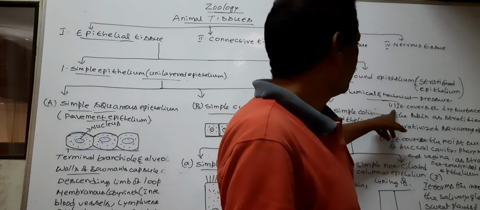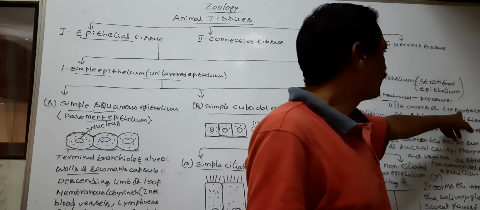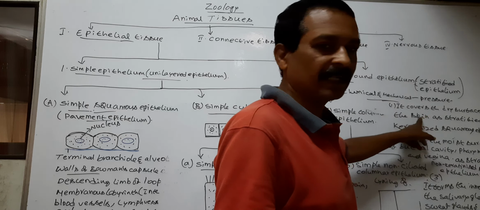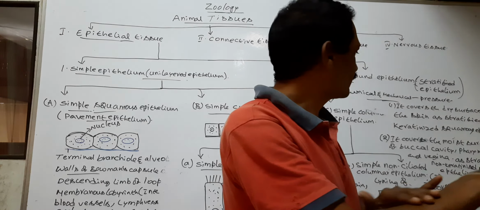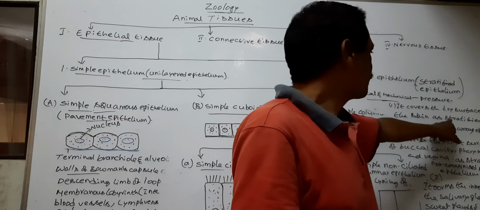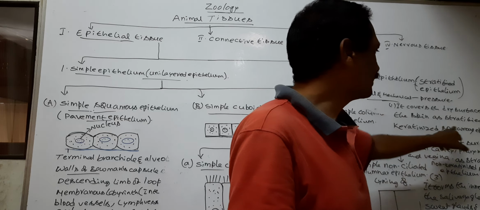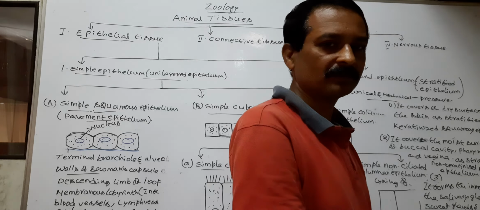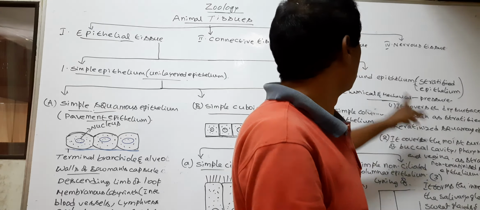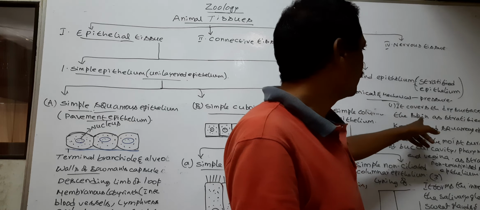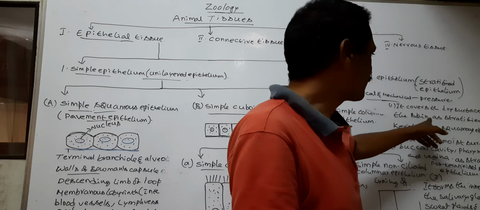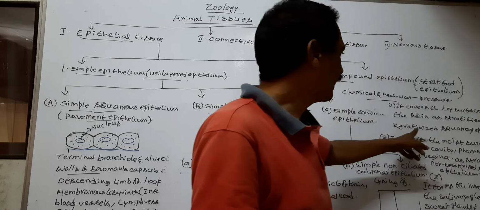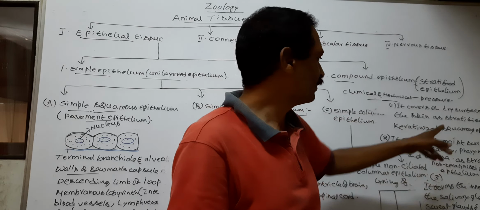The compound epithelium covers the dry surfaces of the skin as stratified keratinized squamous epithelium. The compound epithelium in the dry surfaces of the skin is called stratified keratinized squamous epithelium.